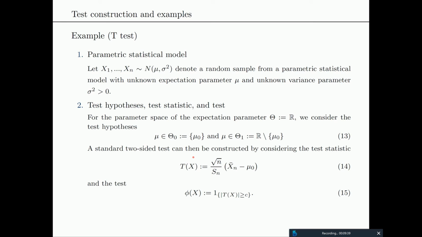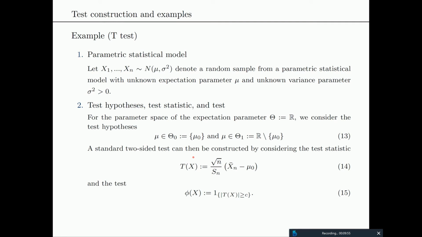We are interested in formulating here a test for the expectation parameter. So we partition only the expectation parameter space. The expectation parameter is, of course, mu. The parameter space is the real numbers.